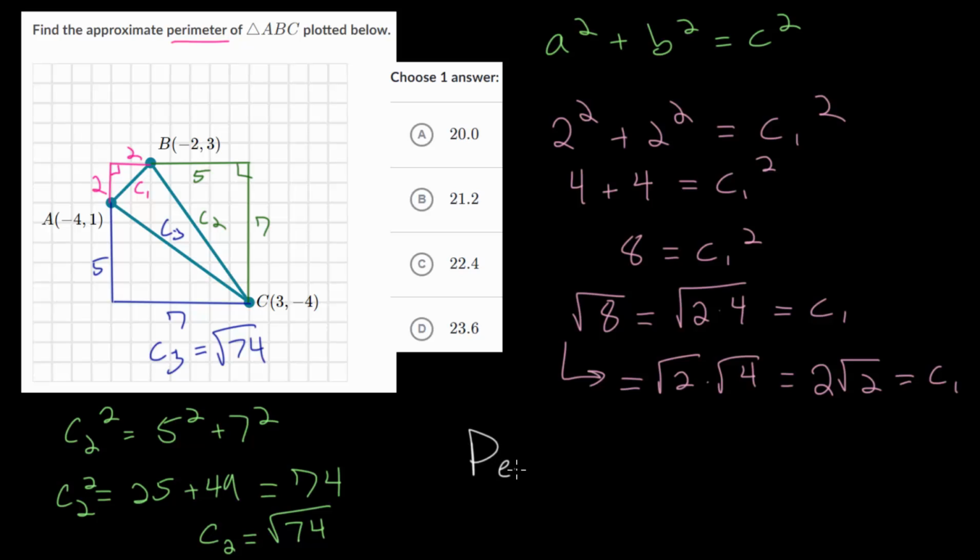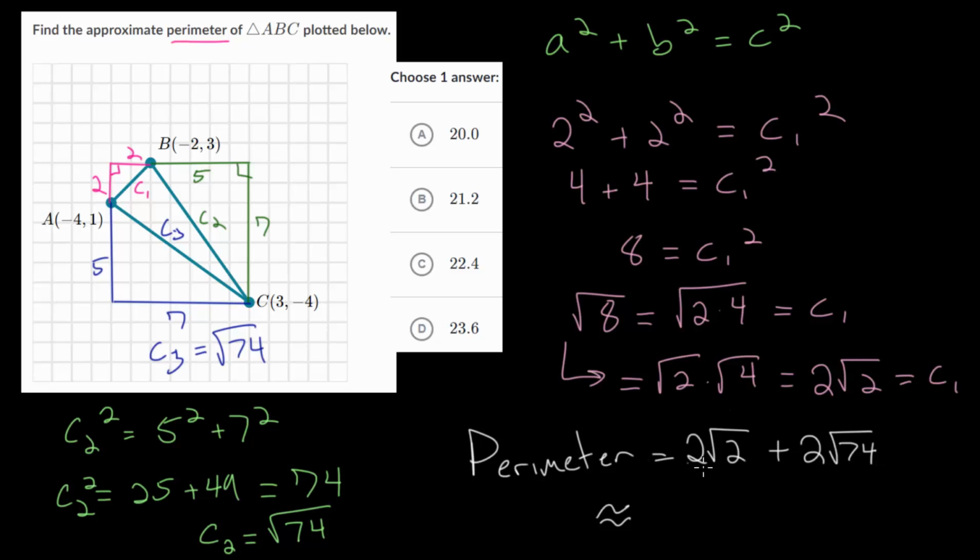So our perimeter of this triangle here, we just add all 3 of these lengths together, and we get 2 times the square root of 2 plus root 74 plus root 74, or 2 times the square root of 74. And at this point, we want an approximate answer so that we can choose which of these 4 choices is the correct choice.